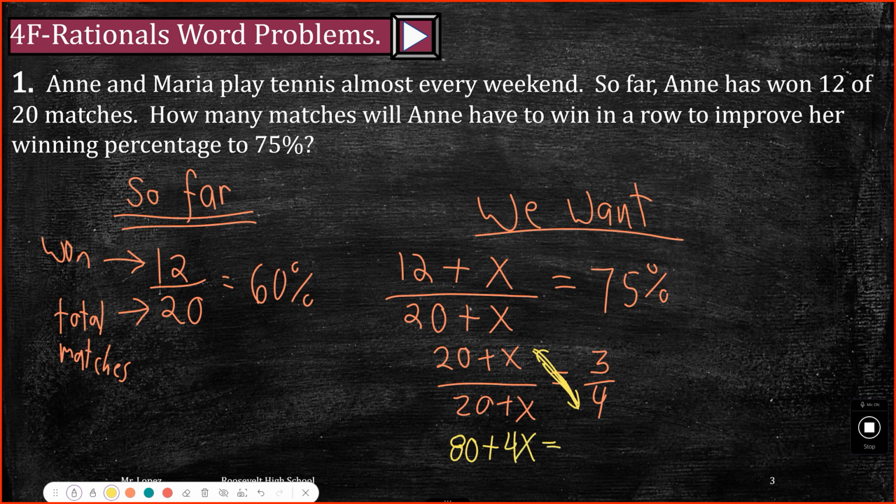Isn't it 12 plus x? Say what? Isn't it 12 plus x? Oh, on the top? Thank you. So that makes this 48? And then the other way is going to go what?